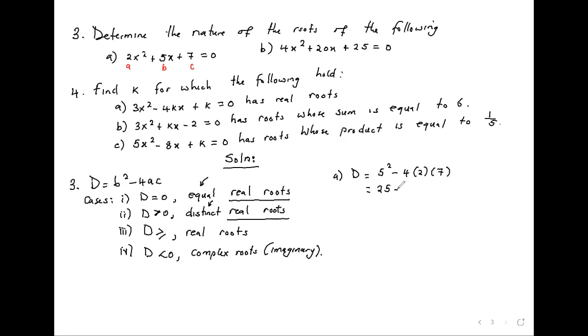We get 25 minus 8 times 7, which is 56. 25 minus 56 is negative 31. This number is less than 0, so we have imaginary roots.